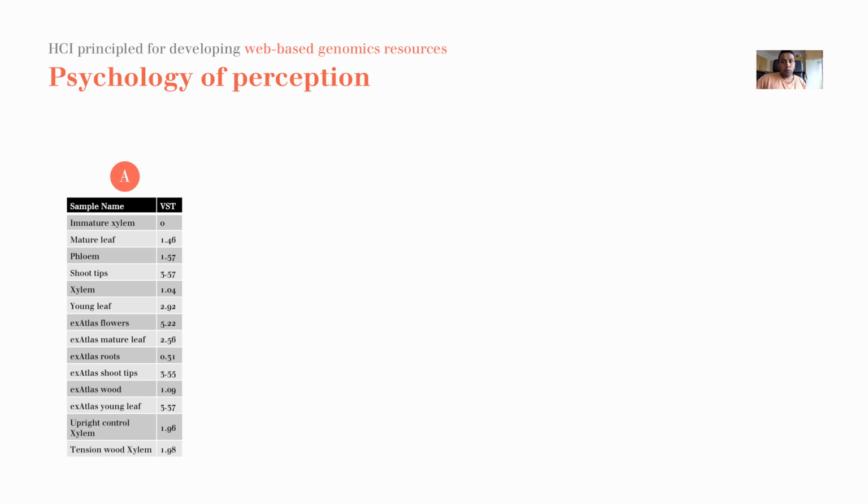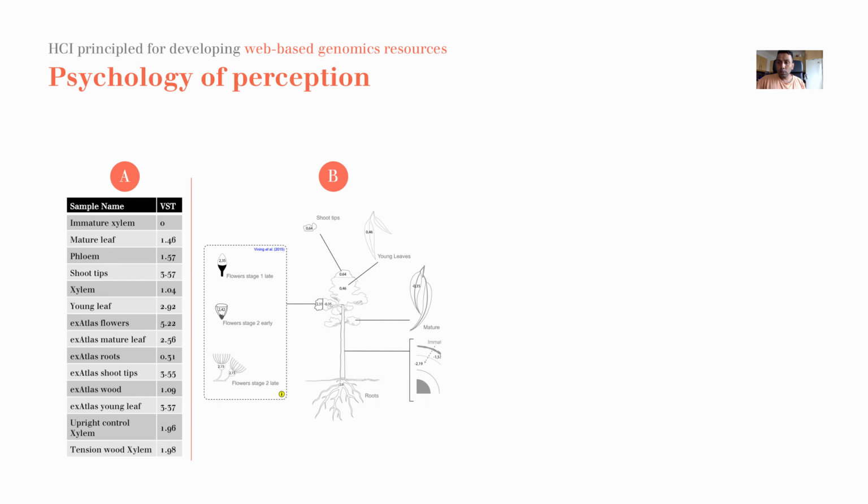When we want to show an expression variation among different tissues for a given gene, of course, we can use a table like this. But it is quite hard to identify which tissue is highly expressed or which tissue is lowly expressed. However, if we show these expression values in a figure like this, this may give a better understanding about the expression variation, but it is hard to distinguish colors.